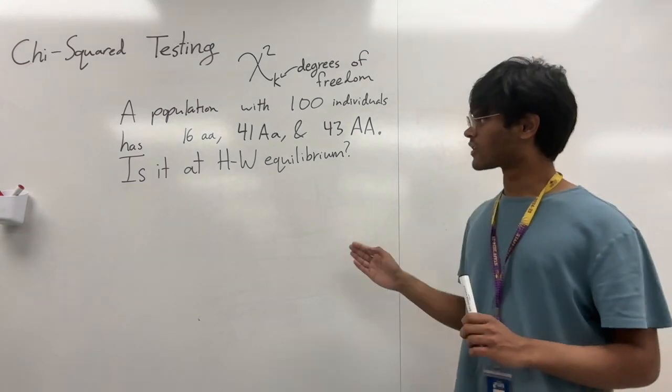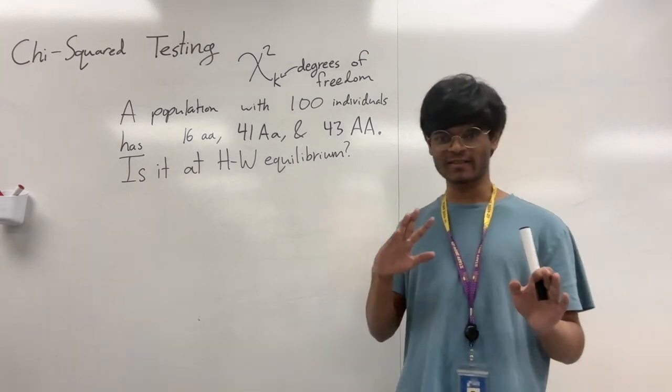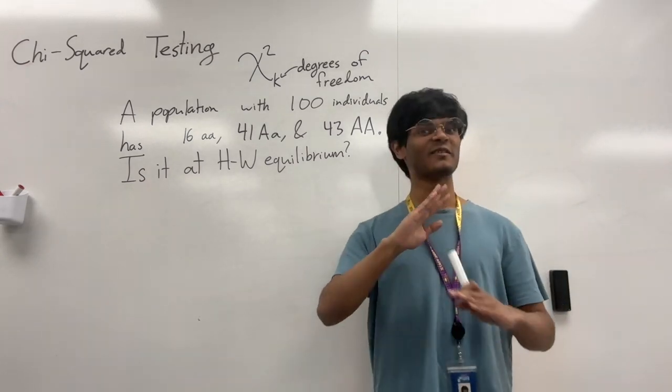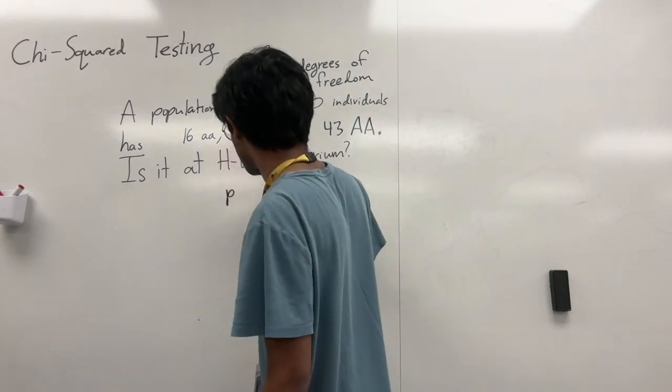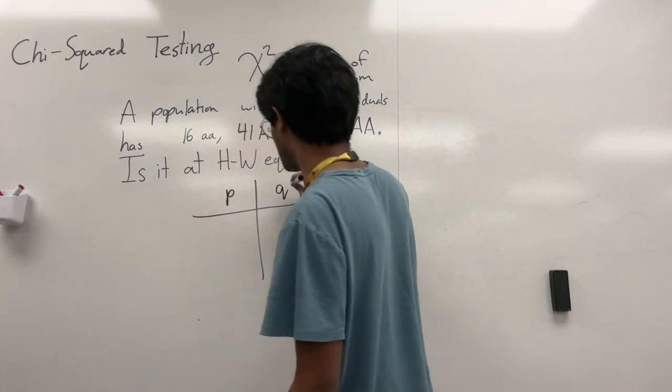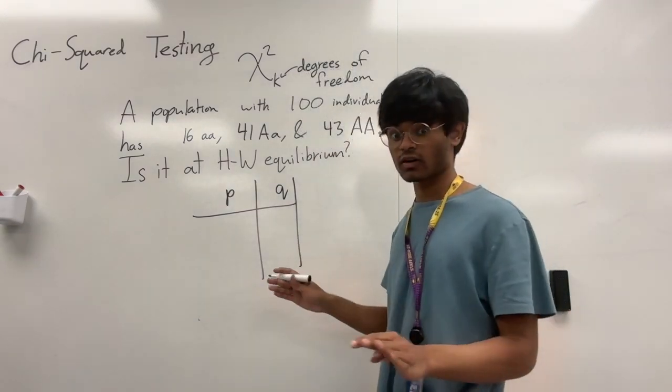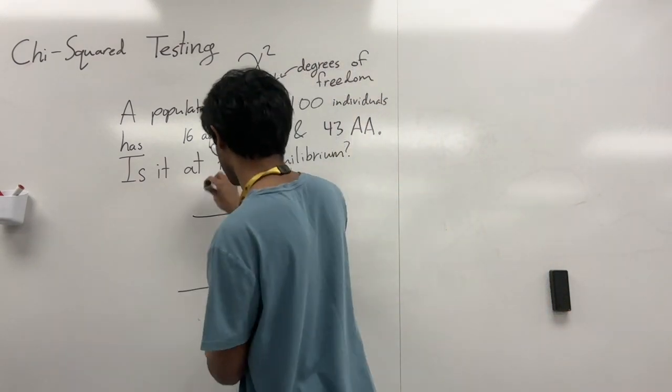Let's start by talking about how we would calculate Hardy-Weinberg equilibrium, just as a bit of a refresher. At Hardy-Weinberg equilibrium, we say that our alleles are independently, randomly sorted, that there's no evolution going on.